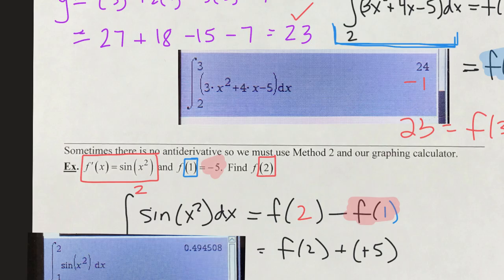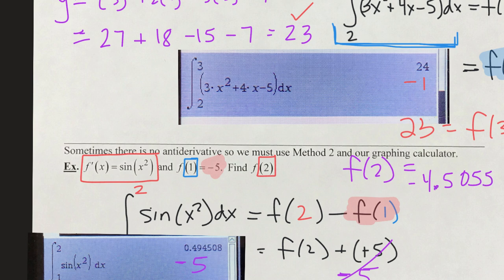And now my last step is minus 5 from both sides. And that will tell us that f of 2 equals negative 4.5055 when I round. Okay, so yes, the graphing calculator, any calculator that will take an integral for you, is going to be wonderful.